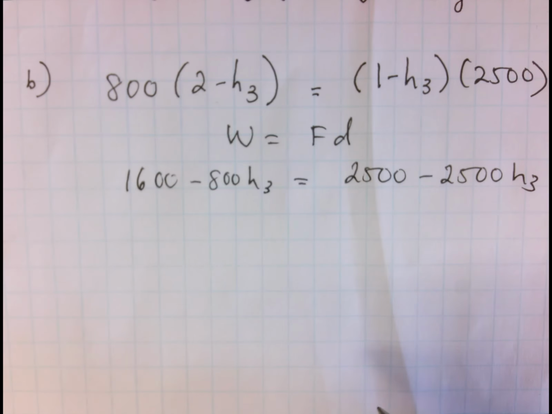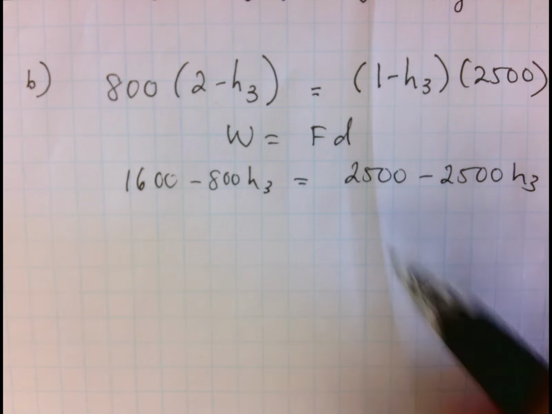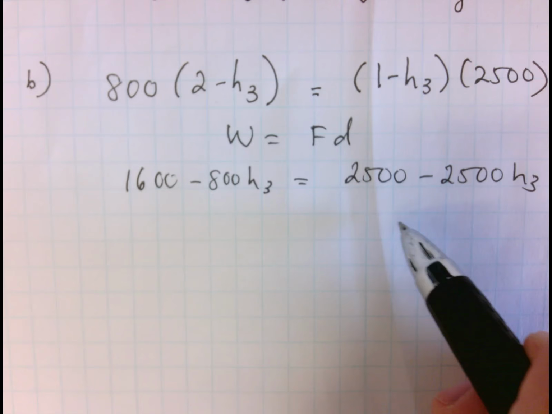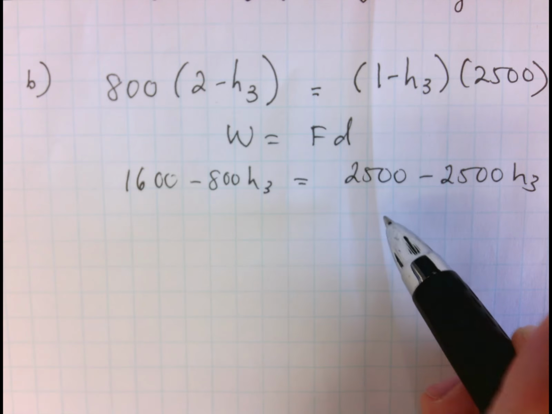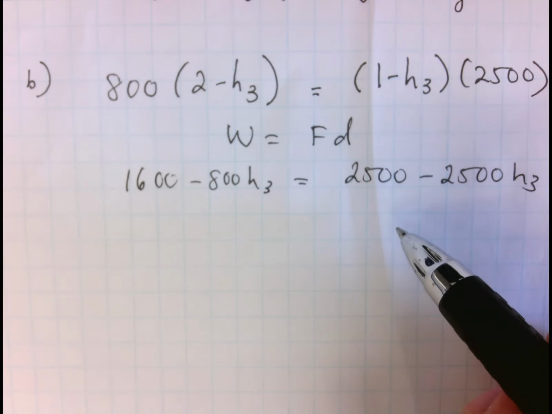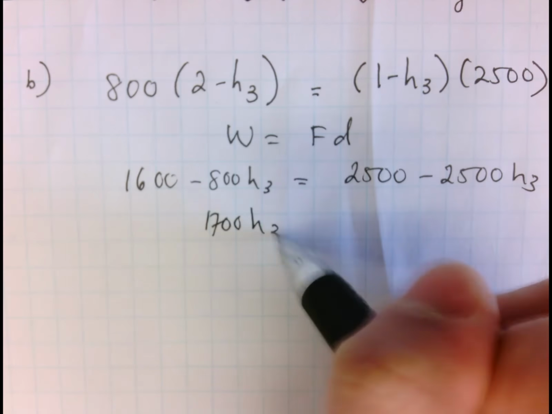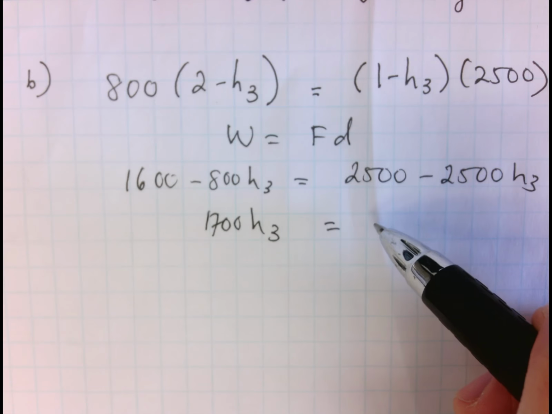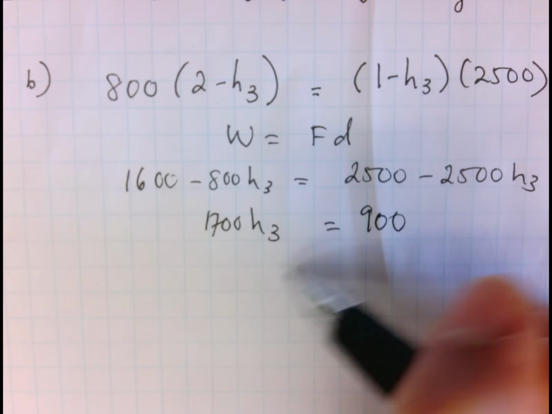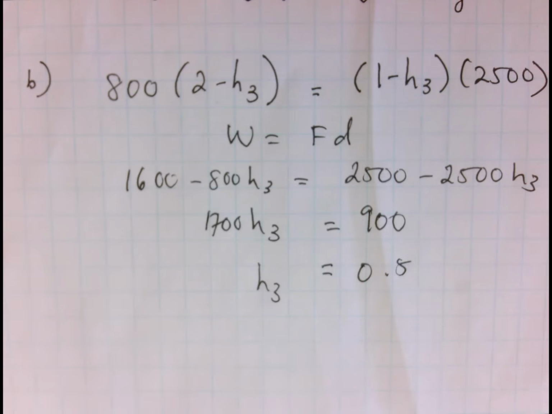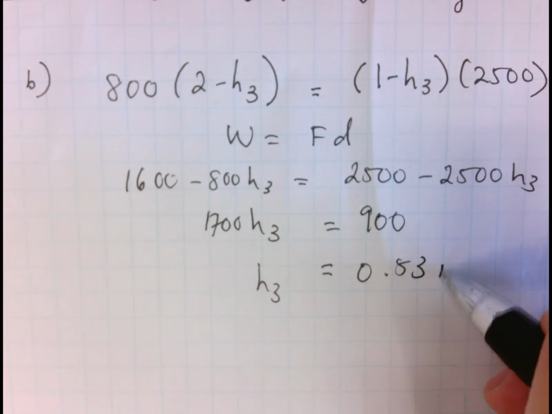And then we get 1,700 h3 is equal to 900. So h3 is equal to 0.53 meters.